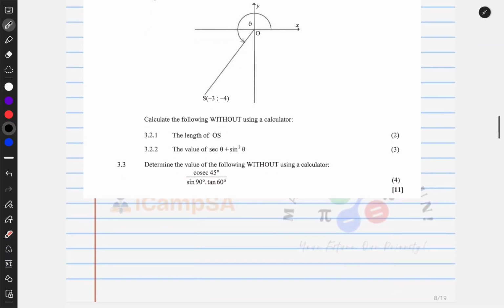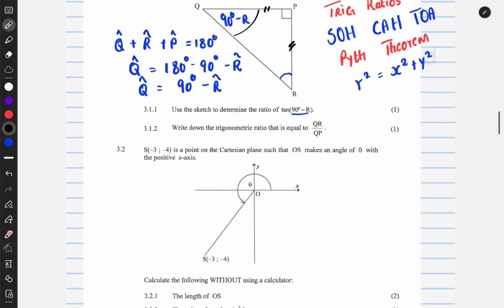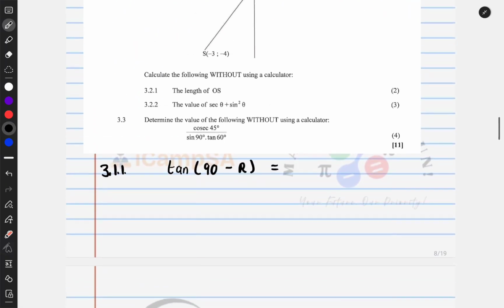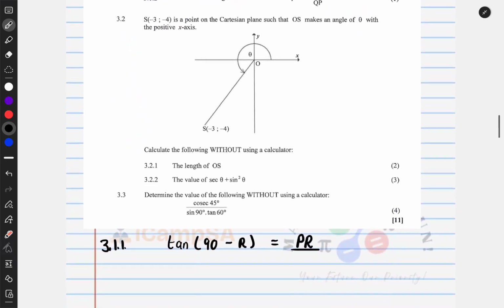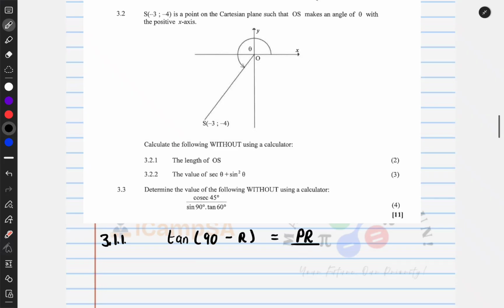So for 3.1.1, the tan of angle 90 minus r is equal to the opposite side, which is PR, over the adjacent side, since we are dealing with the tangent, which is QP.